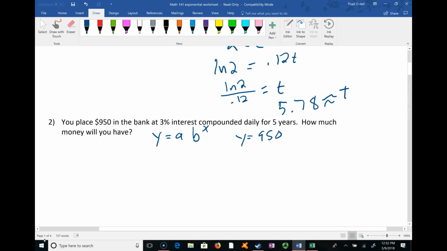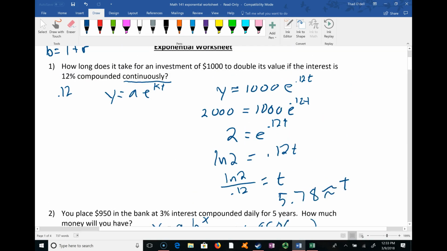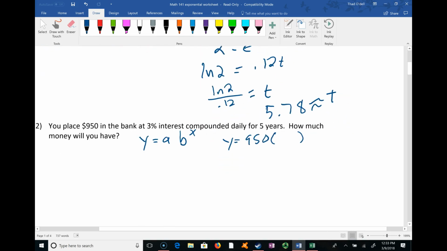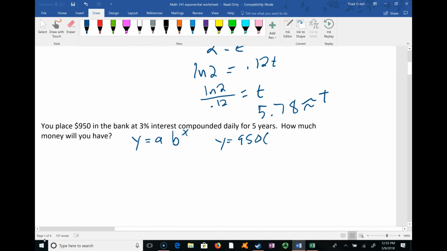And my b, okay, this is where the thing I said earlier comes in. So we know that b is actually equal to 1 plus whatever the growth rate is, right? So this is going to be 1 plus something.